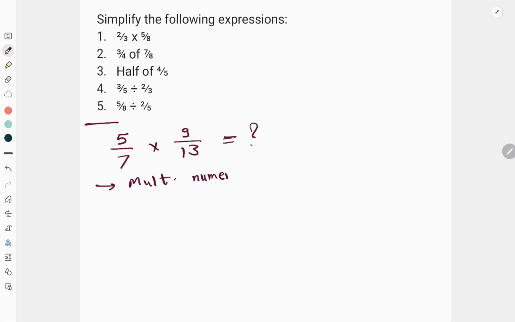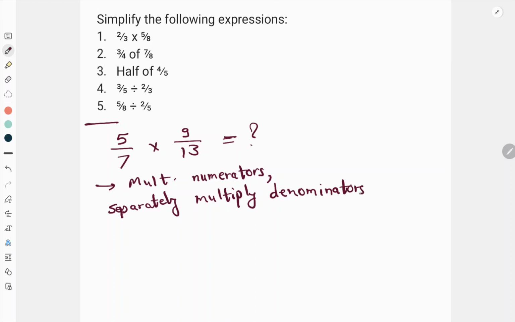Multiply numerators separately, multiply denominators separately, and then take the ratio.